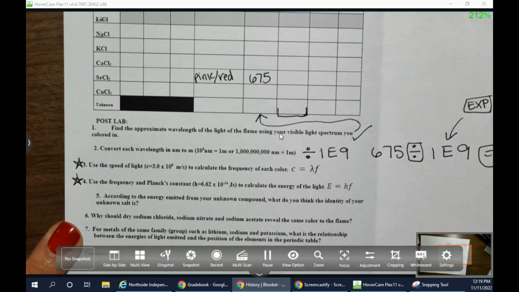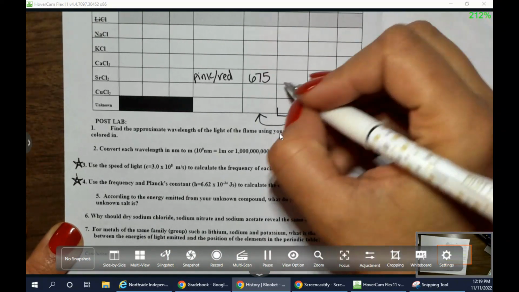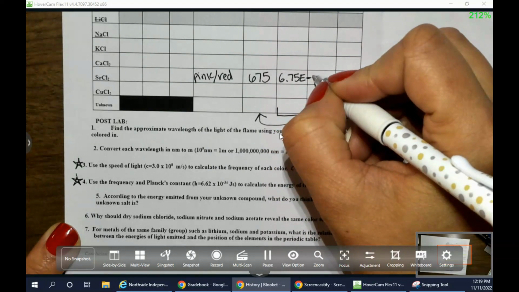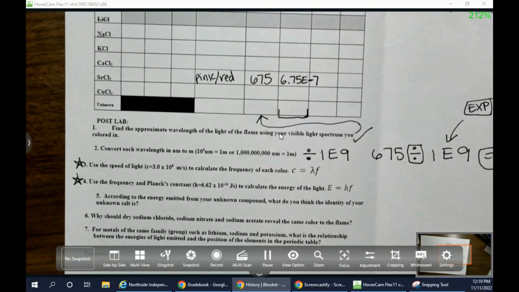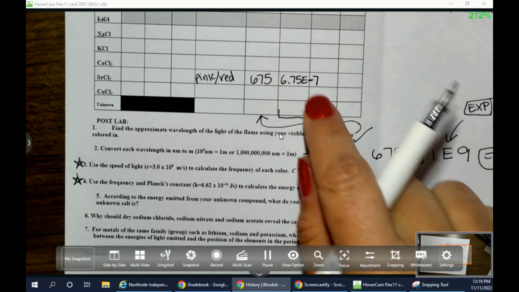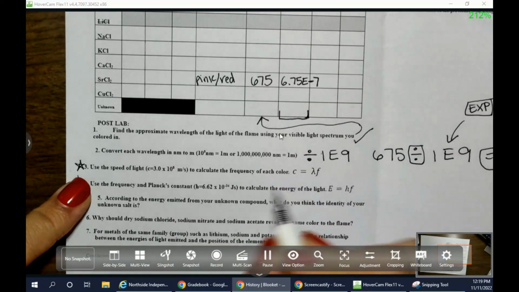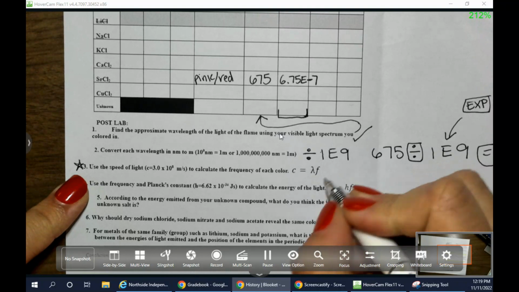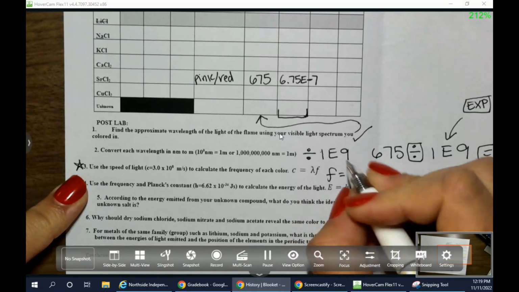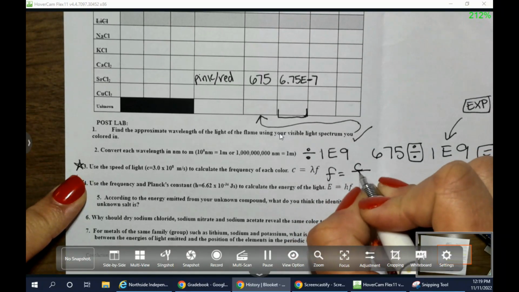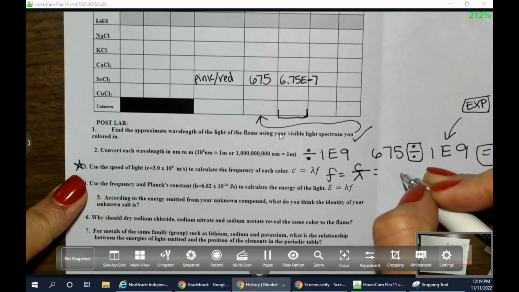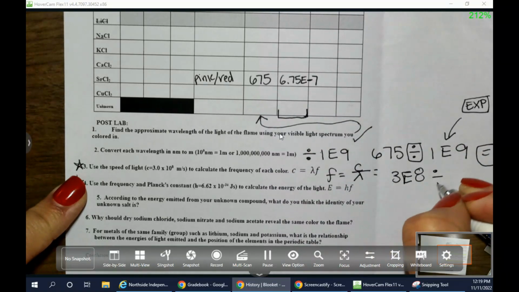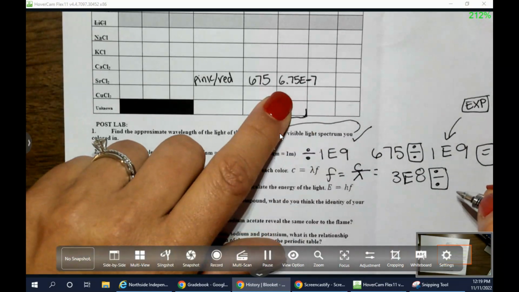So basically when I did that, I typed it into my calculator. I got 6.75 E negative 7. That's what the calculator told me back. Once I have that number, I can now calculate my frequency. Frequency is going to be your speed of light divided by wavelength. So it's going to be 3E8, and then I'm going to push divide, and then type in whatever I got for the wavelength.